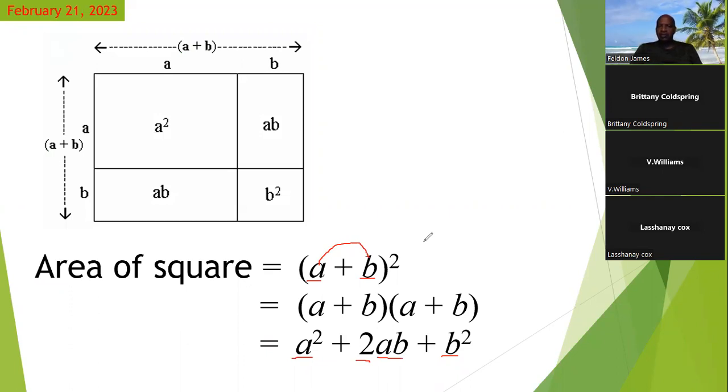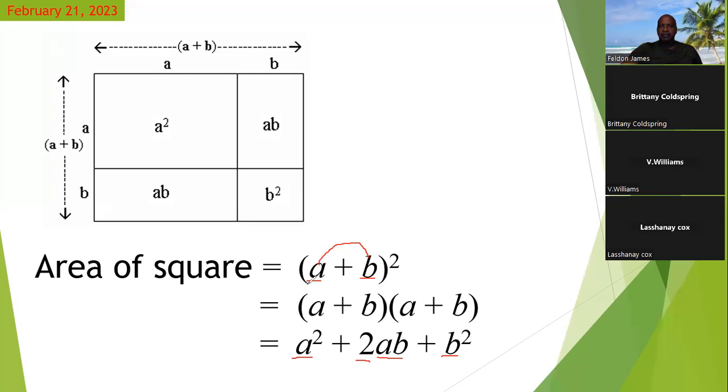Once you square the binomial, it will give you this general feature. And because we are using the geometric idea of a square, and we're multiplying the length times the length, then you will get a square. And so we refer to this quadratic expression as a perfect square.